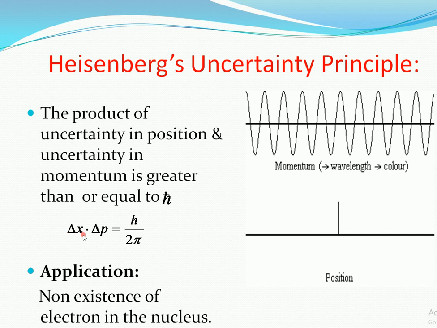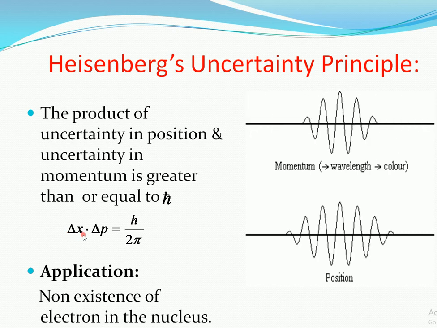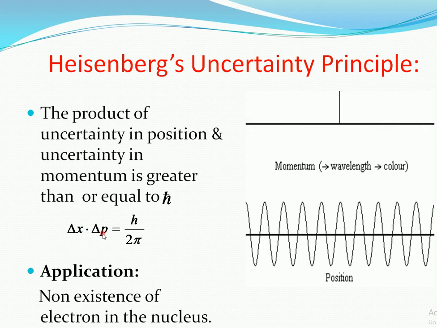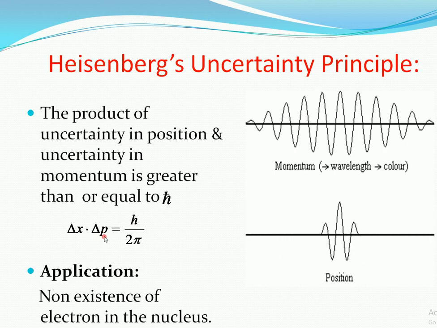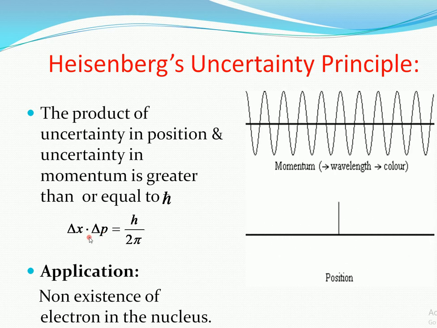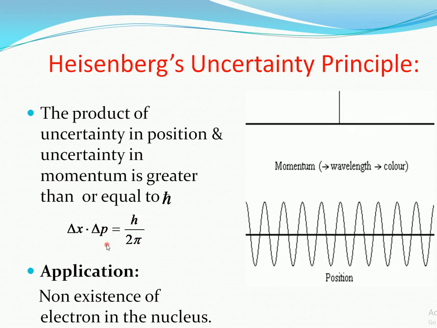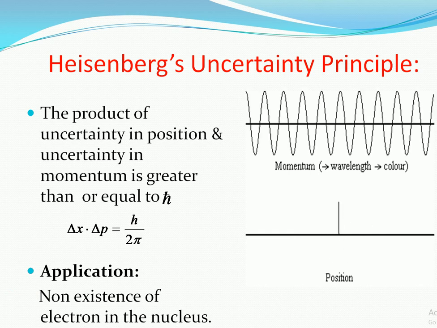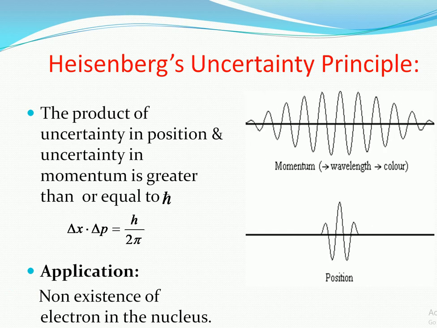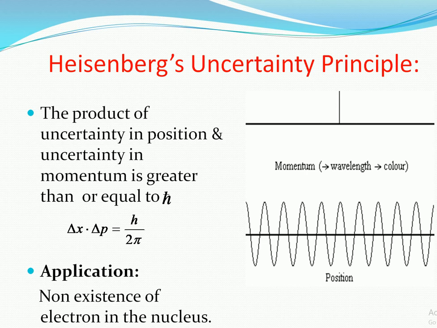If delta x represents uncertainty in position and delta p represents uncertainty in momentum, then delta x into delta p is greater than or equal to h upon 2 pi. An application of Heisenberg's uncertainty principle is the non-existence of the electron in the nucleus.